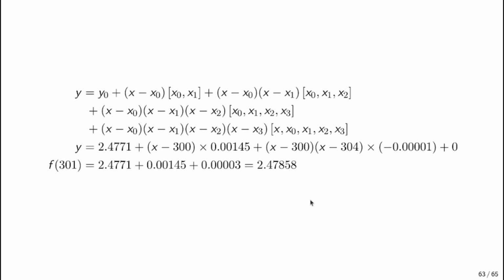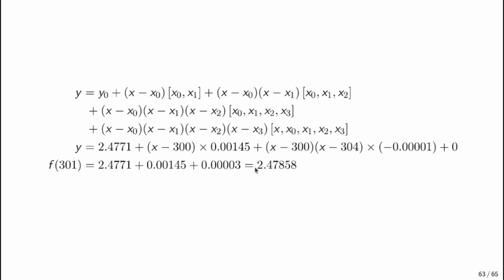Continuing and substituting y0 equal to 2.4771, x minus 300 times 0.00145, plus x minus 300 times x minus 304 times minus 0.0001, plus 0. So f of 301 will be 2.47858.